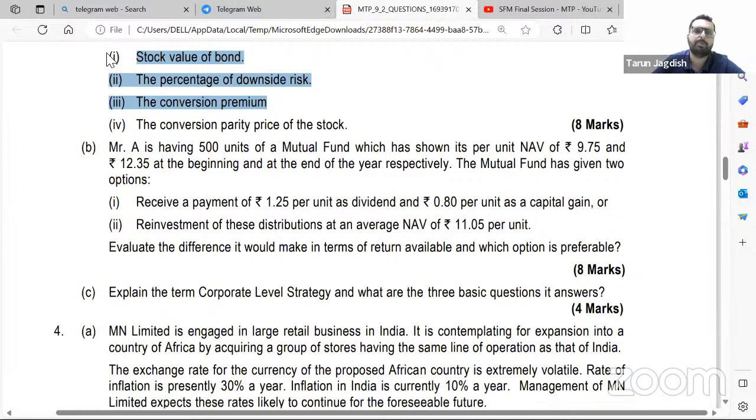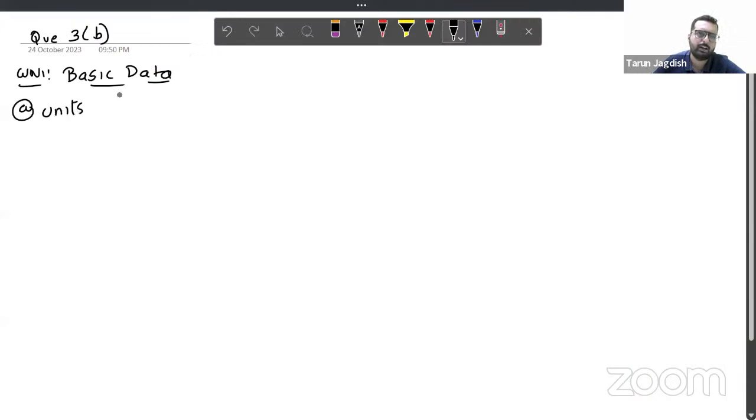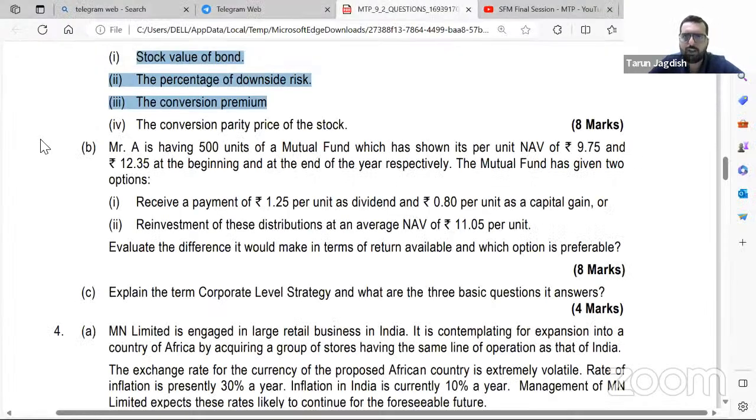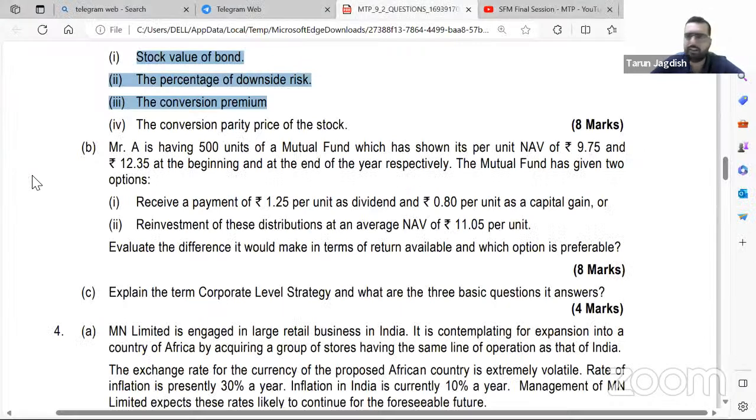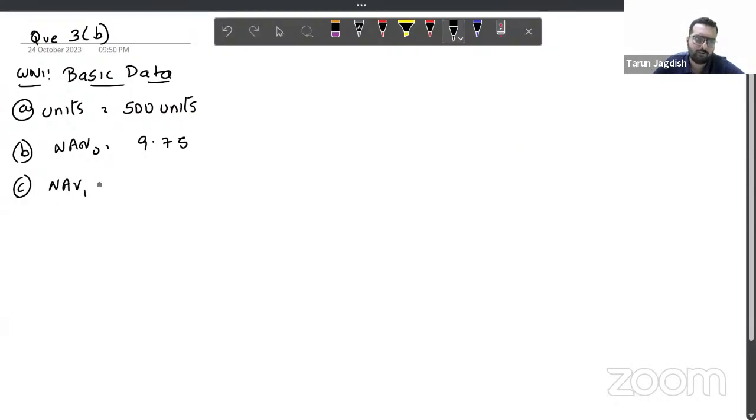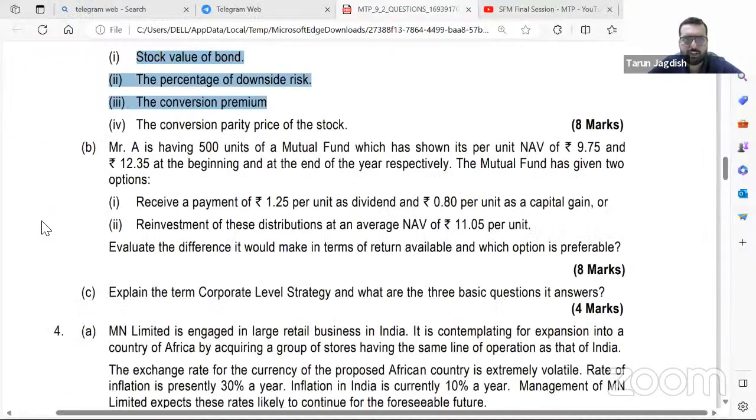Mr. A is having how many units? 500 units. Which has shown its per unit NAV 0 as how much? 9.75 and NAV 1 is equal to 12.35.